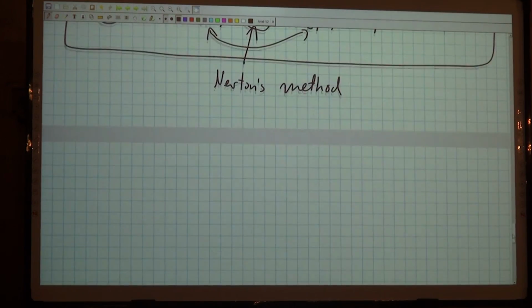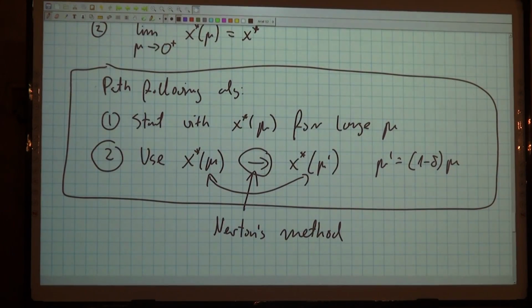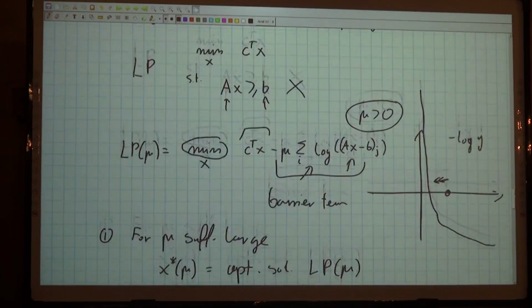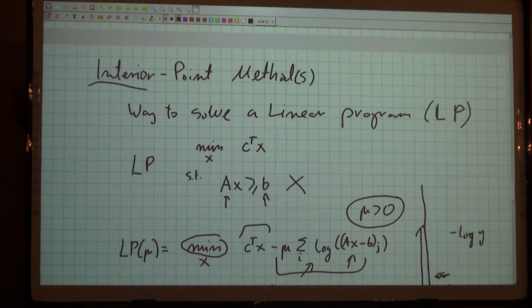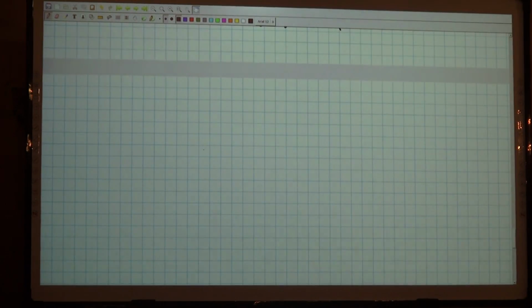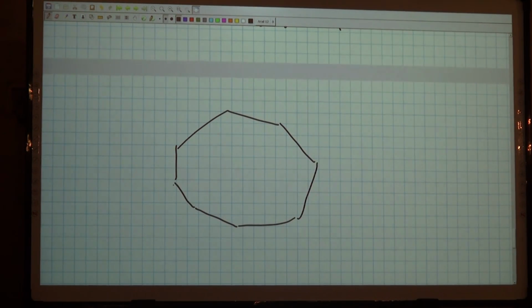Now the last thing I want to say is that I call this thing a path following algorithm. Why? Because there is a very nice geometric picture that also explains the name of the method, which is interior point method. What's really happening is that if I look at my feasible space, this is the polytope over which I am optimizing.